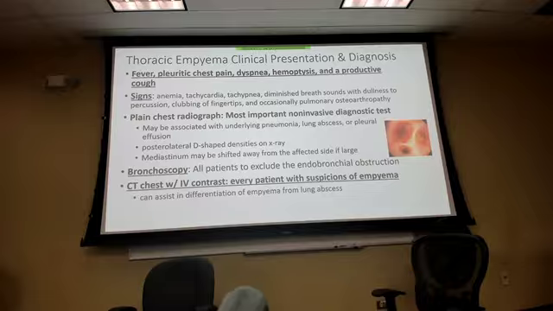Sometimes we can't do anything about it from the inside of the lung, we have to treat it from the outside. And then the chest CT with IV contrast, every patient with suspicion of an empyema must get one, okay? We need to know what stage it's in, and we can only really do that by CT with IV contrast.